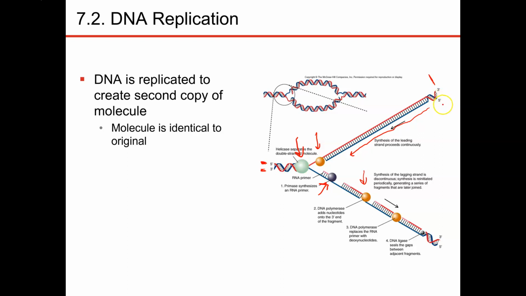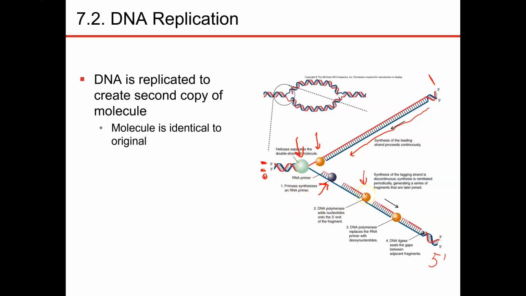DNA reads in a 3 to 5' direction, and it lays down new strands in a 5 to 3' direction. We always produce DNA in a 5 to 3' direction. And then notice on the other side we have that 3' end over here, and so that means down here we have a 5' end, right? Well, DNA only reads in a 3 to 5' direction, which means it has to read closer to that helicase.